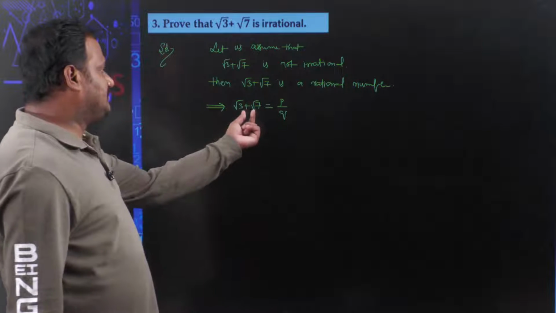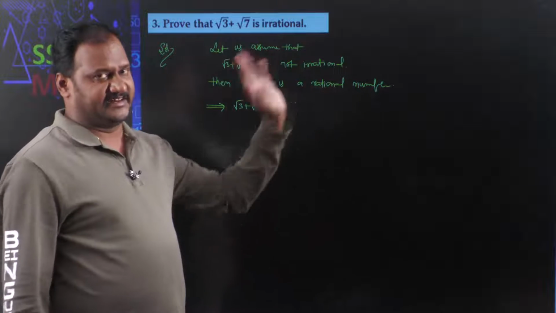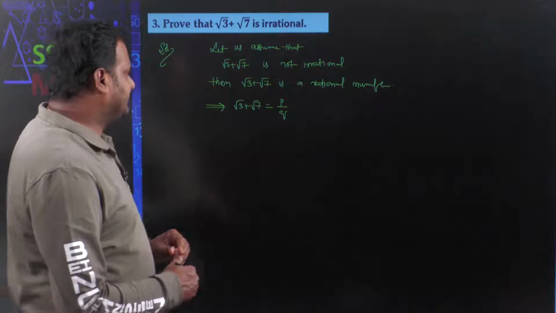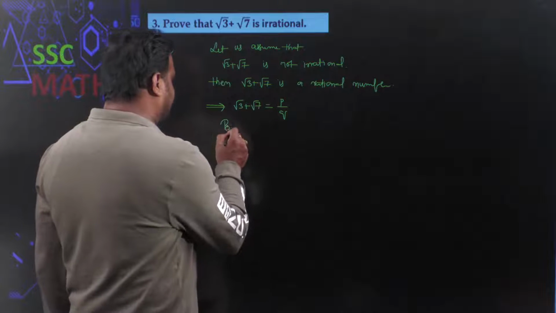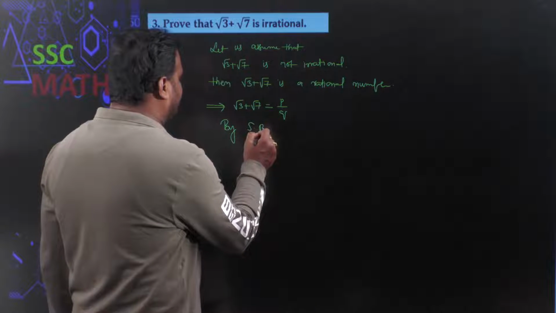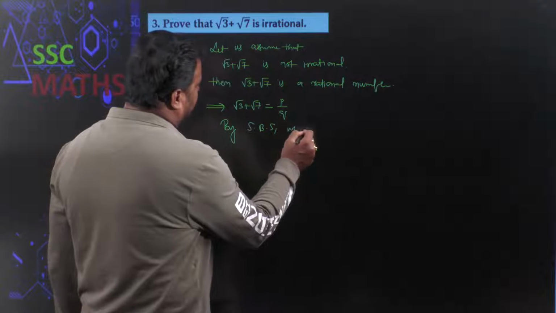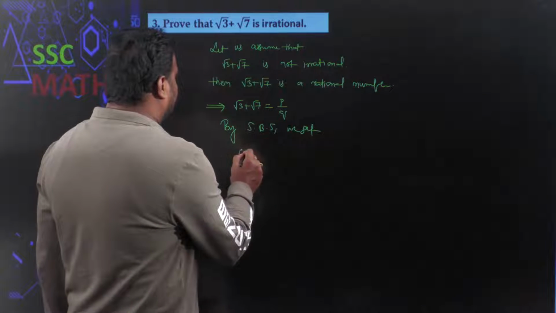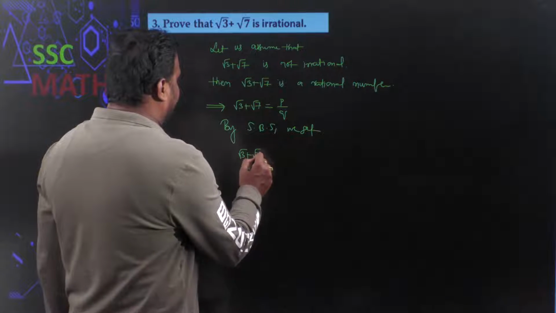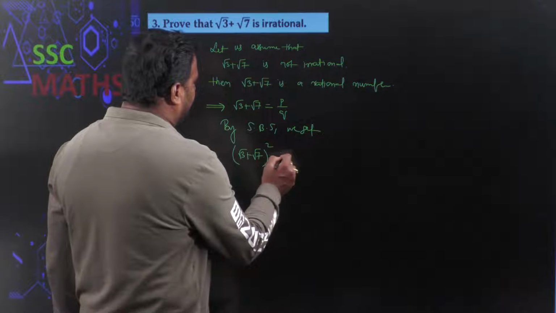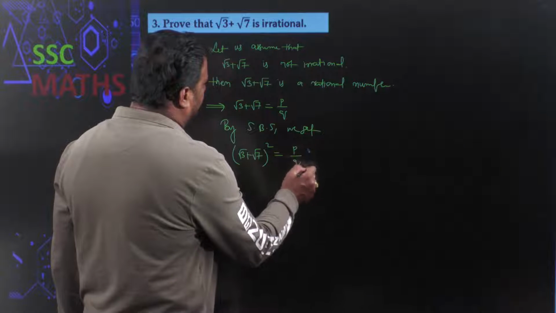So I cannot transpose one number to that side, because again that is an irrational number. So I would do one thing, that I will square it on both the sides. So by squaring on both the sides, we get root 3 plus root 7 whole square is equal to p divided by q whole square.